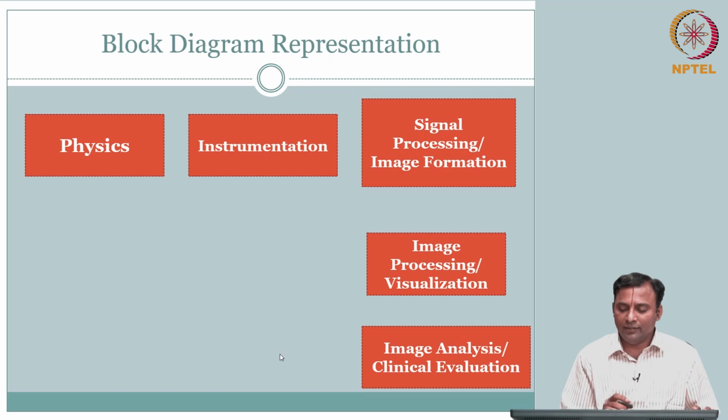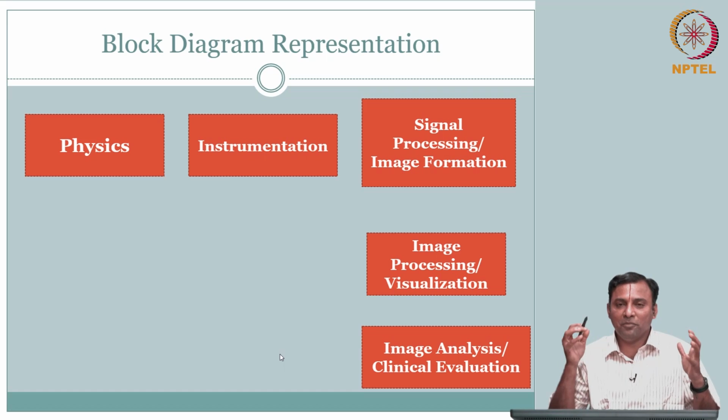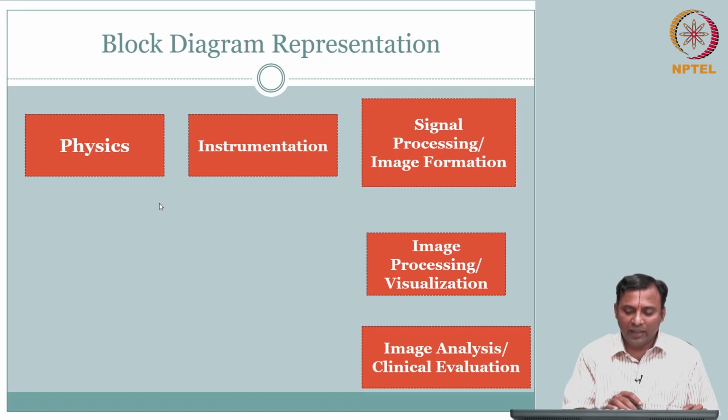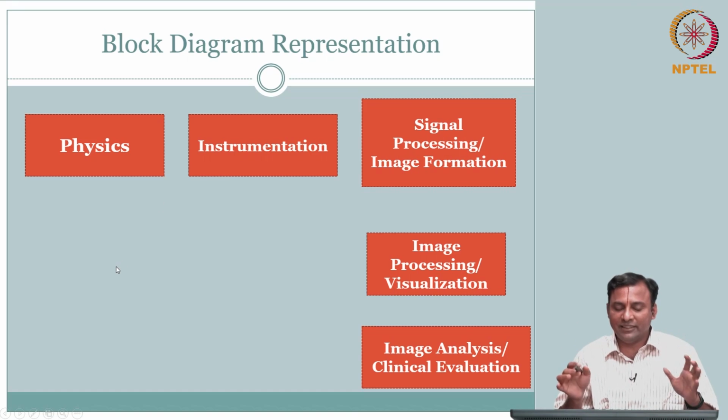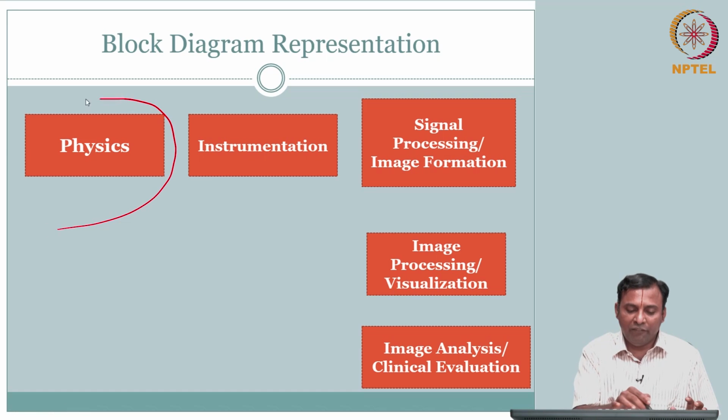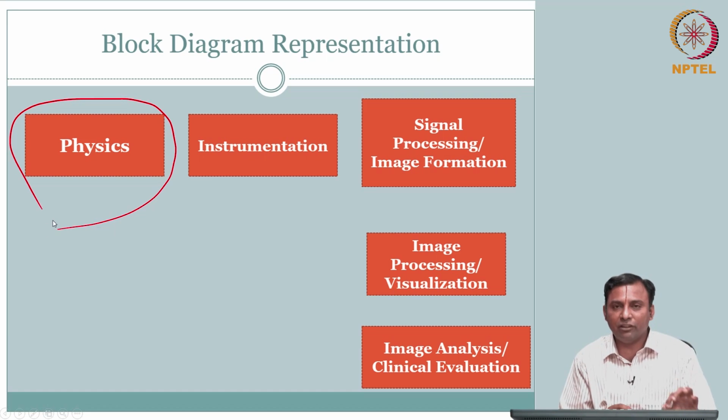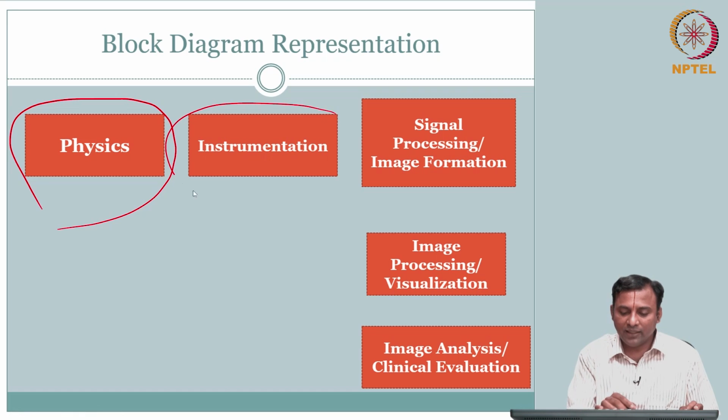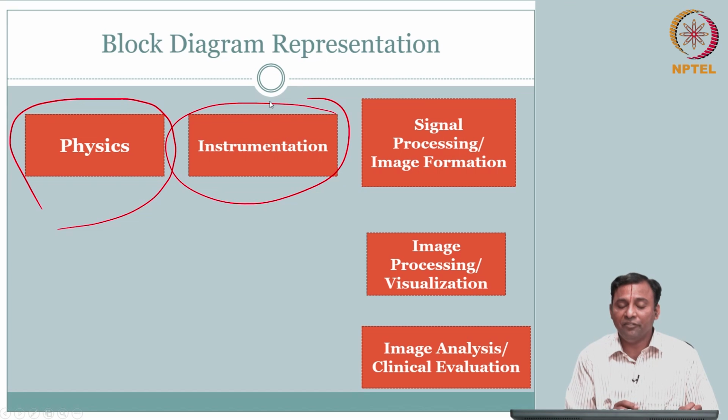Last but not the least, just to give a block diagram view of the same text that we had. This is the way I have it organized in my perception. When we talk about imaging systems, everything is interlinked. You have to understand the physics, you have to understand the instrumentation within the context of the physics, and then you have to understand signal processing.